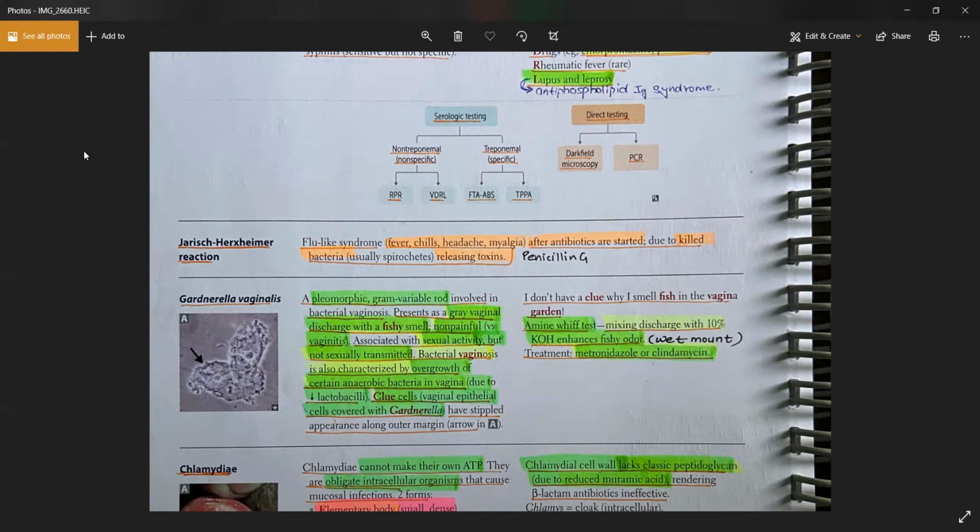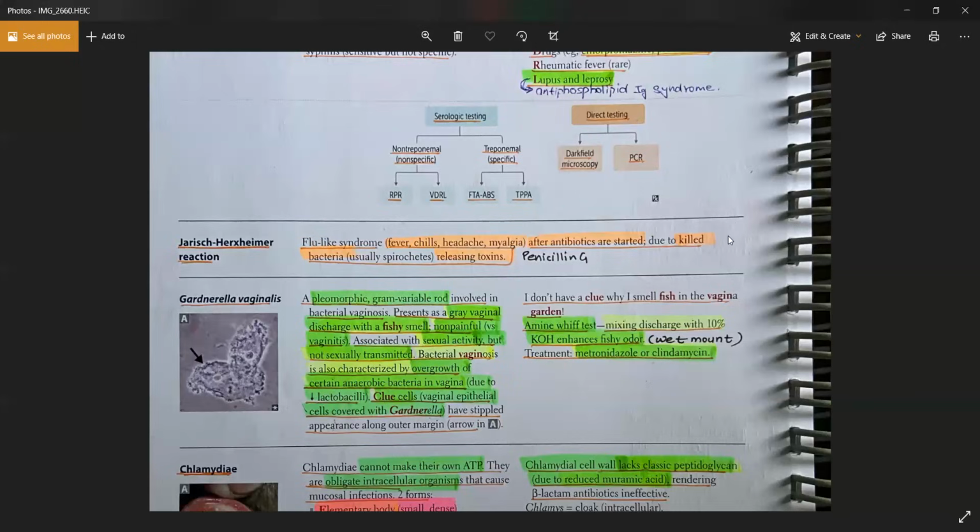Then you need to know about the Jarisch-Herxheimer reaction, which occurs when you give the patient treatment for syphilis. So what happens when you give the patient penicillin? It leads to the destruction of the bacteria, the treponema, which leads to the leaking out of the contents of the bacteria, and as a result immune reactions happen against these contents, and what you will get is flu-like symptoms like fever, chills, muscle pains.